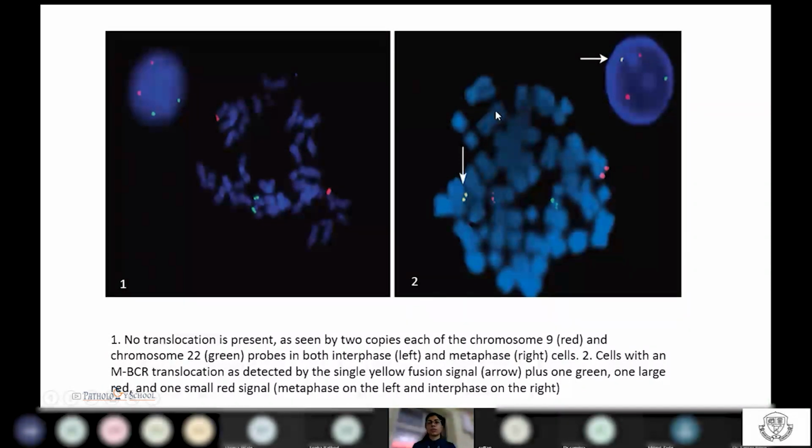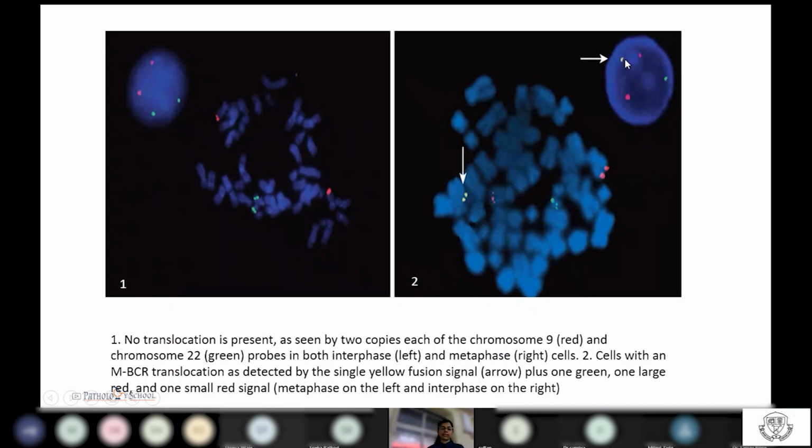Now next, this is your major breakpoint. As I said, one of your chromosome 9 is normal, so you will get one red, which is large. Your one chromosome 9 breaks into half, so you will get a very small red. And your one chromosome 22 is normal, so you will get your full green. But the other chromosome 22 has red and green, so it will give you a yellow color.